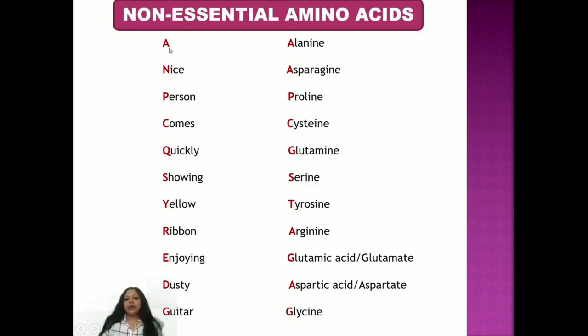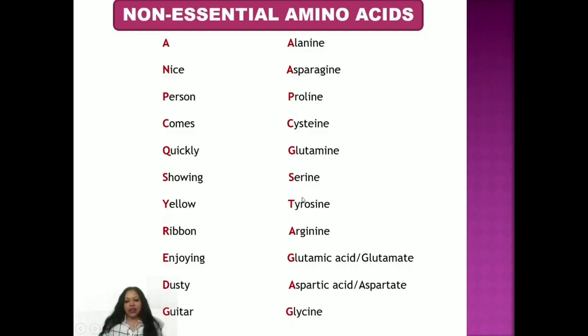So now let's correlate every initial of this sentence with our concerned non-essential amino acid, where A represents alanine, N represents asparagine, P for proline, C for cysteine, Q represents glutamine, S again for serine, and Y the aromatic amino acid tyrosine.